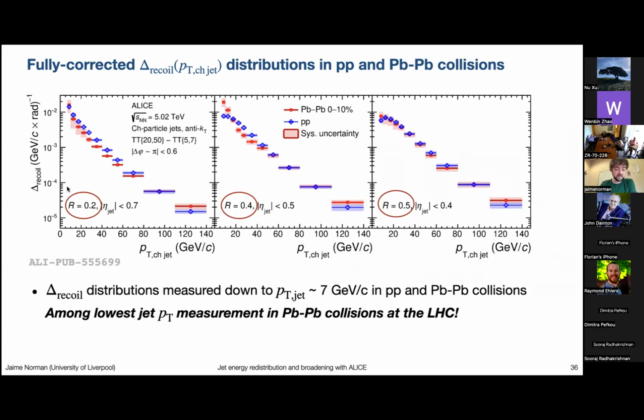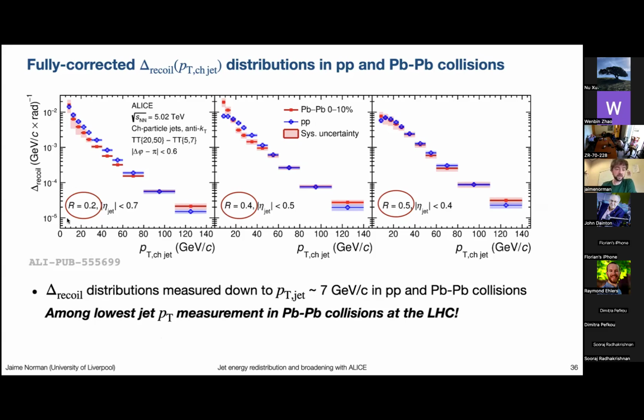And it's nice to note that the delta recoil distributions are measured down to a transverse momentum of around 7 GeV in both proton-proton and lead-lead collisions. So this is really among the lowest jet PT measurements in lead-lead collisions at the LHC, which this technique really allows for.